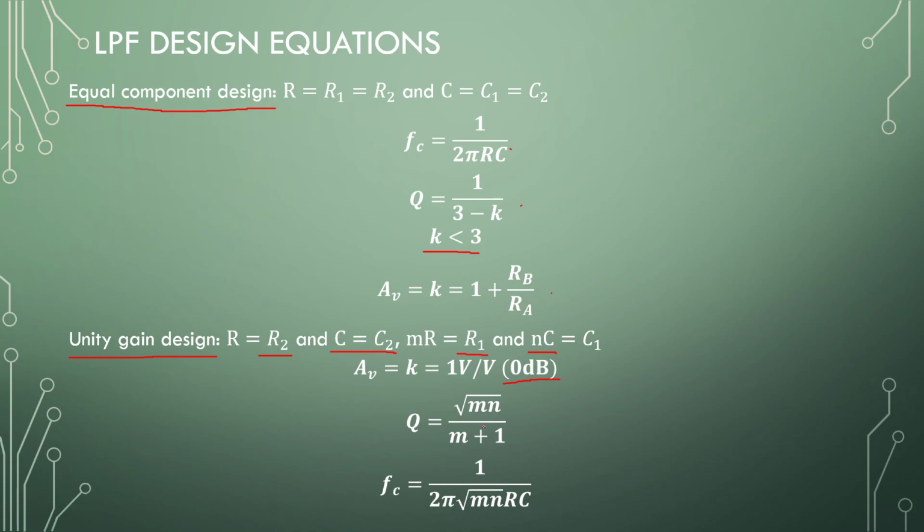Or you can pick the resistors to be the same value, and then it becomes dependent on your capacitor values. So that's a unity gain design. Unity gain design also maximizes the bandwidth that is available for an op-amp. We will mostly look at the first approach.